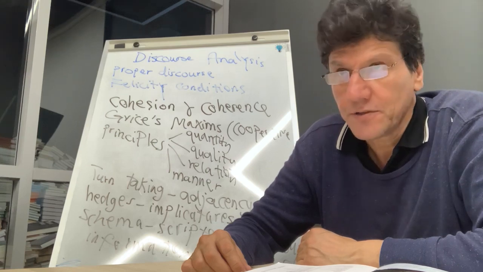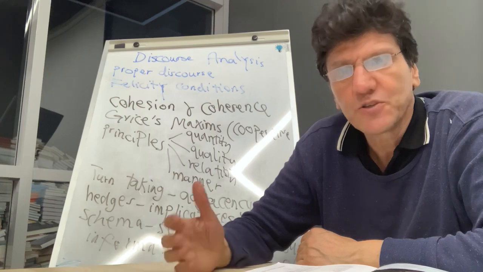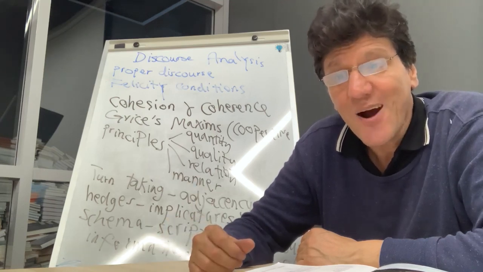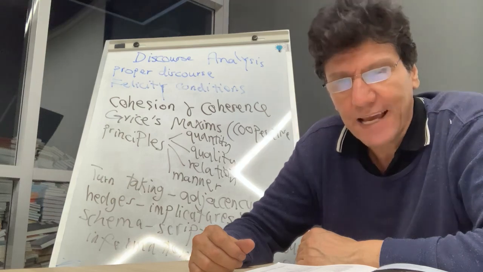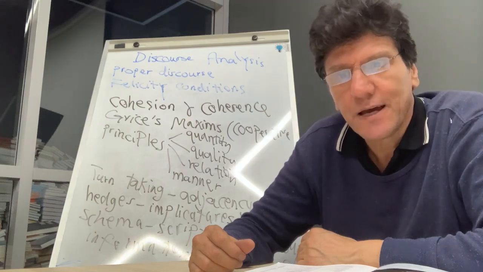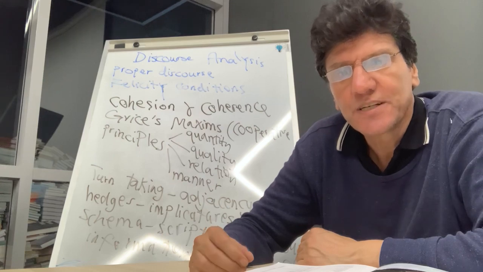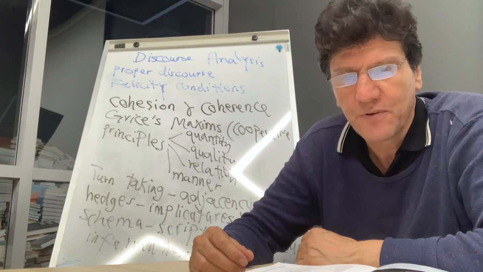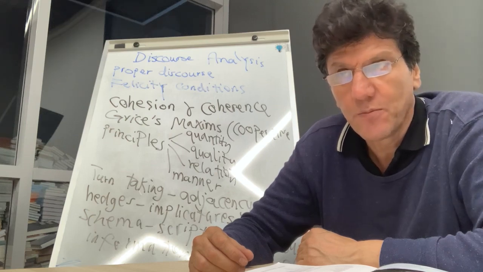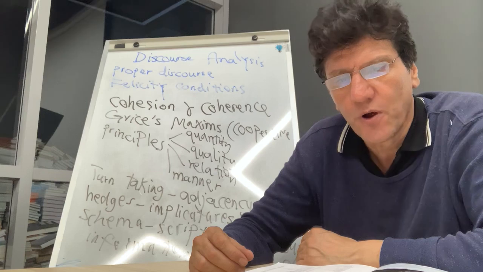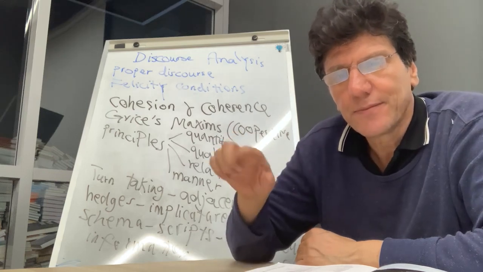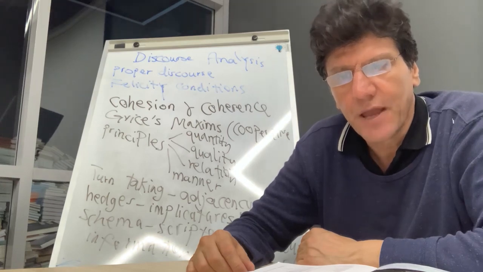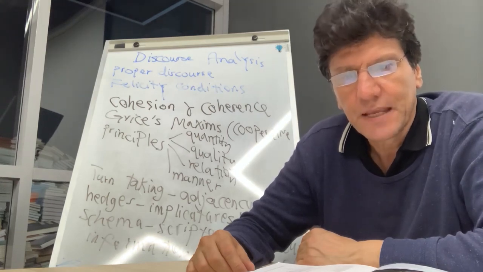What is coherence? Coherence is the logical relation among the elements of a discourse outside the text, and it is a logical relationship created in the minds of the speakers and the listeners. I provide you with an example. The classic example that I always talk about is A: Is Alex coming to the party? B answers: Mary is there.